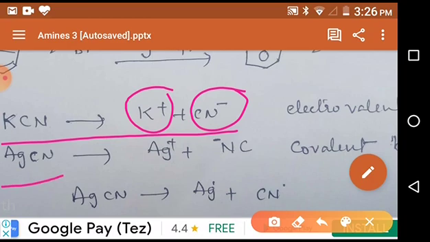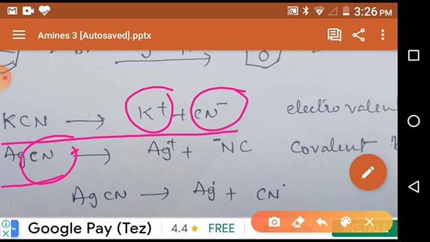Its ionic character is less, and the silver-carbon bond is covalent in nature. Due to this covalent bond, it does not ionize into cyanide minus. That's why the attack of the nucleophile takes place from nitrogen, not from carbon.